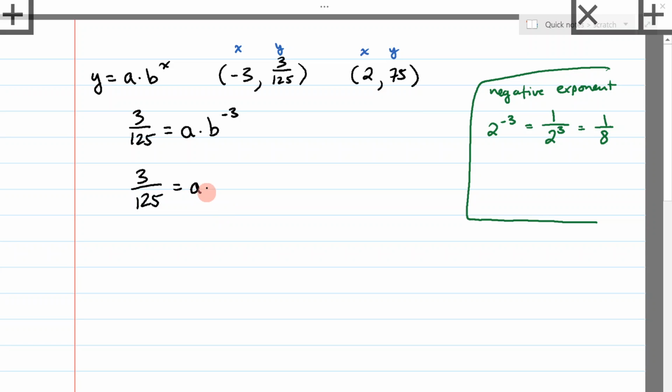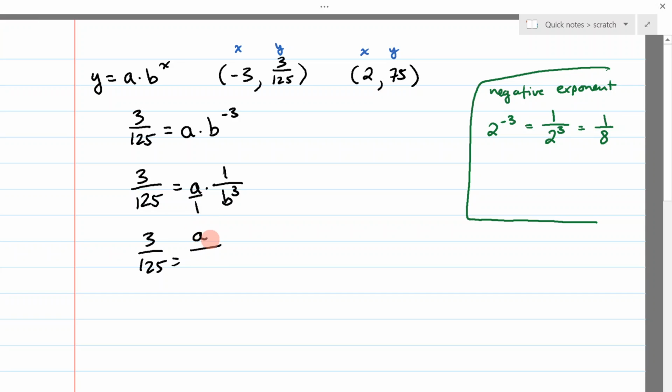This b to the -3, I write as 1 over b to the 3rd power, and I think of the a as a over 1. Then when you multiply the fractions, a times 1 in the numerator is a, and 1 times b cubed in the denominator is b cubed.